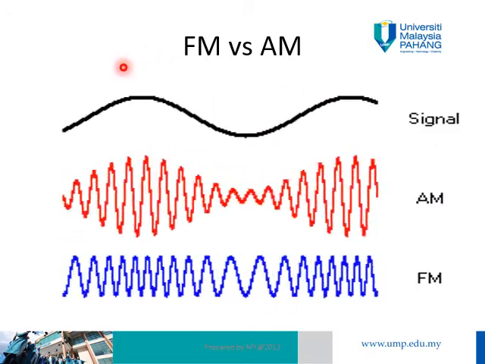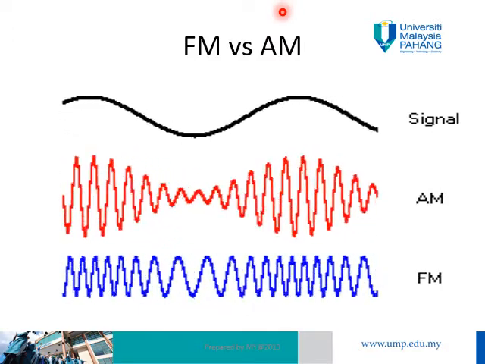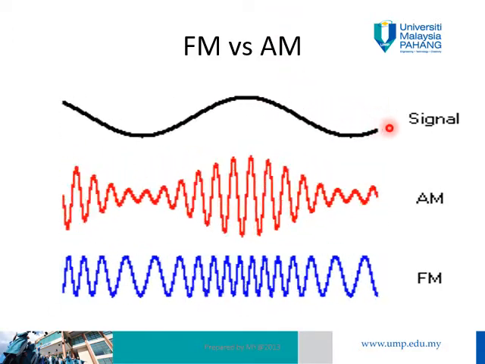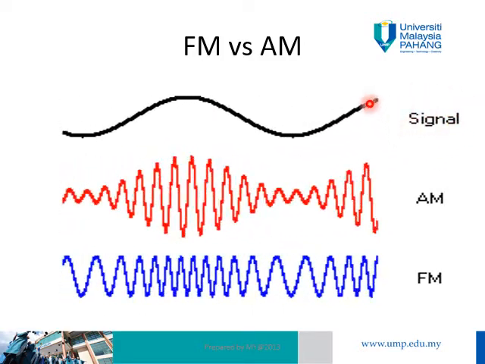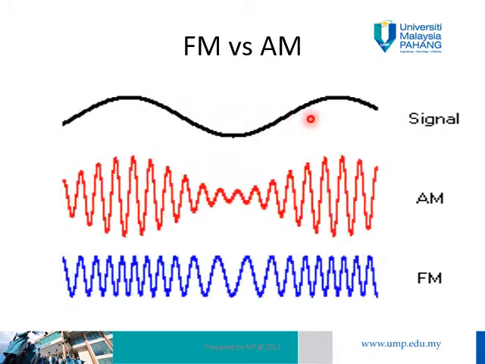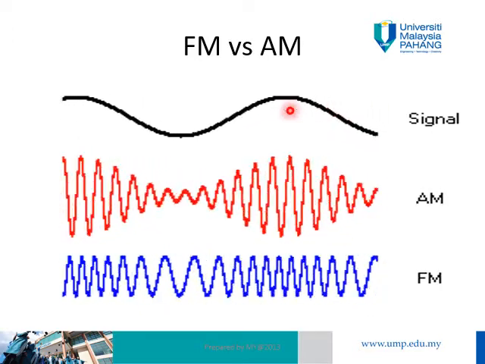This is the comparison between FM and AM. We can see here the modulating signal, which can have a low frequency and a constant amplitude.